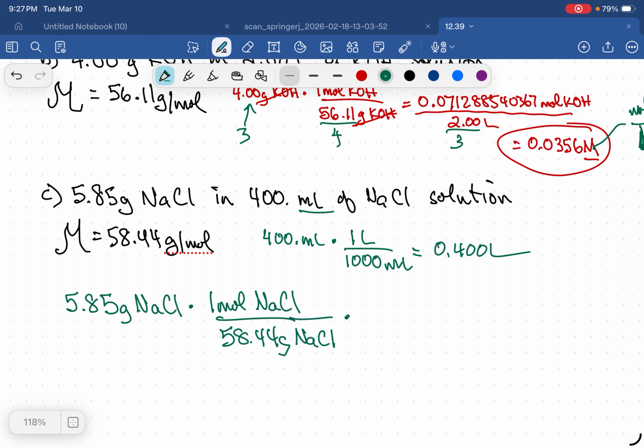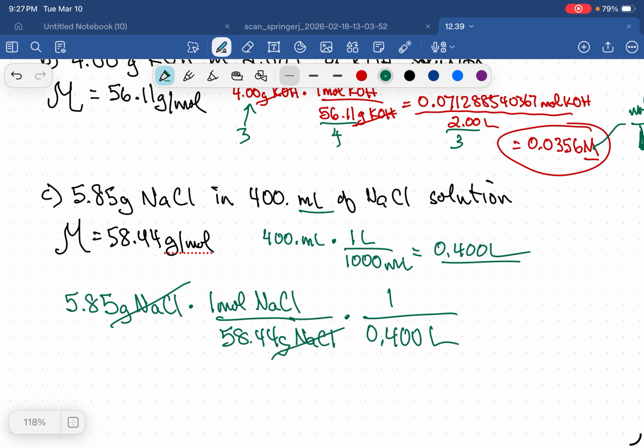Now, we can just do this all in one step if you want. See, those grams are canceling. We've got moles of NaCl. We just need that to be divided by liters. So we're going to use that number, but it's got to be on the bottom. So 0.4 liters. We can do that because we're dividing by the 0.4. To make it divided by, remember, it goes on the bottom.